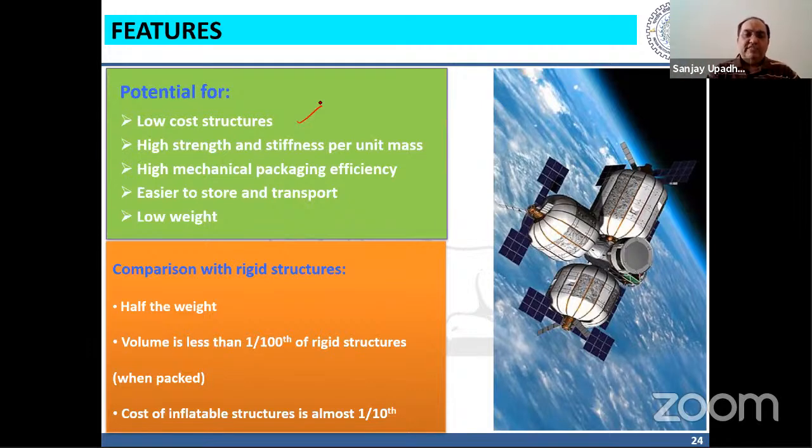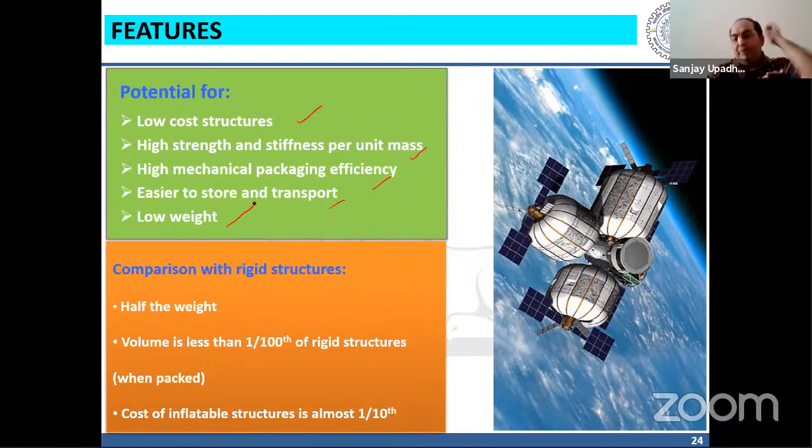Then high strength and stiffness per unit mass, high mechanical packaging efficiency, and easier to store and transport, because it is in compact form, so you can easily store it anywhere. There is no large space required. You can easily transport it, and obviously, being compact, it is low weight.